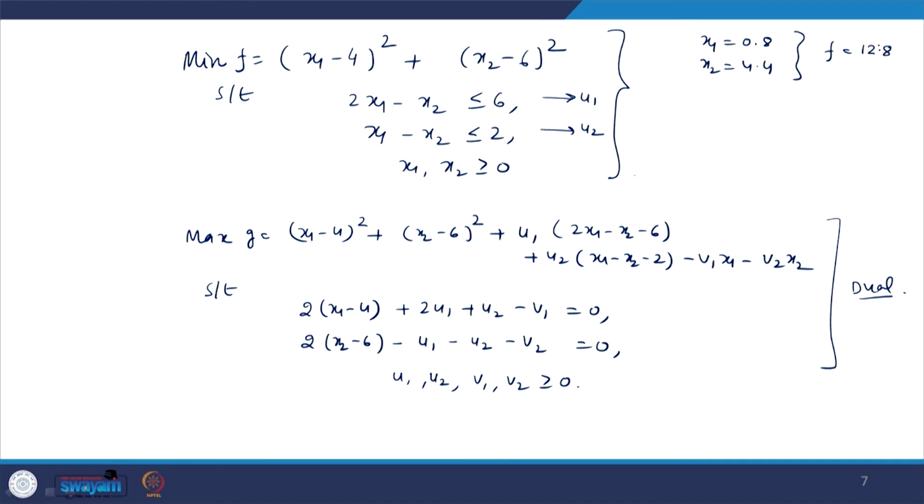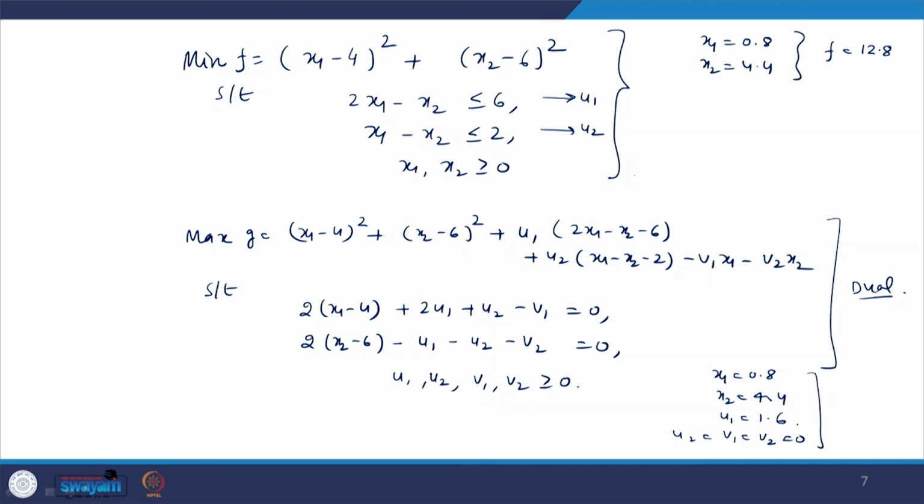Now, if we take this problem, here we take x1 as 0.8, x2 as 4.4, and u1 as 1.6, with v1, v2, u2 all 0.